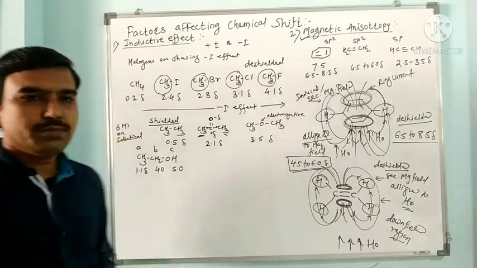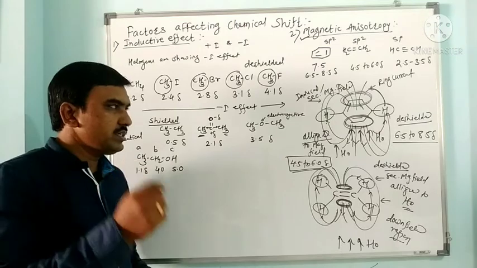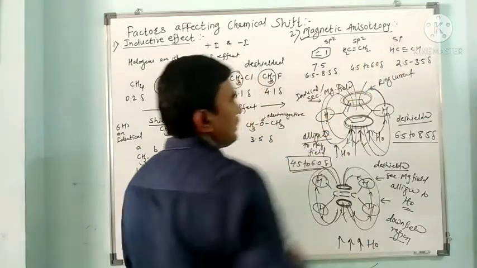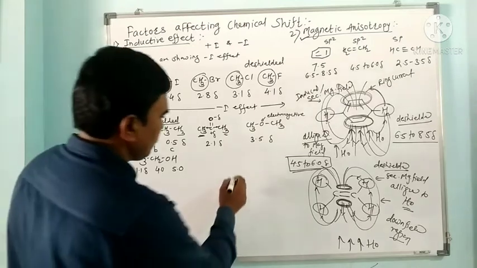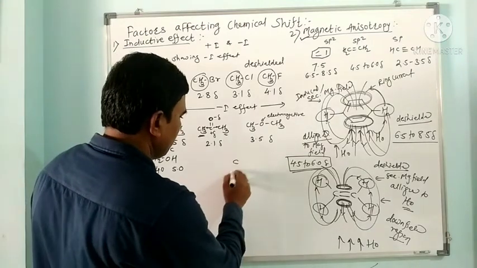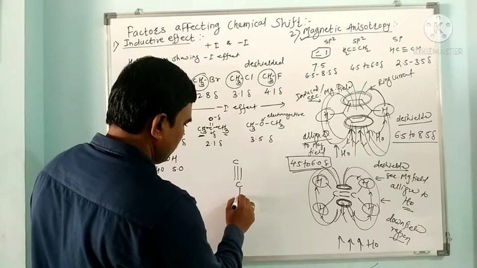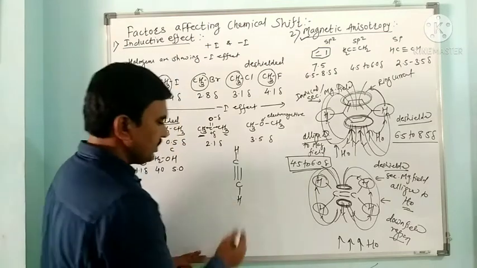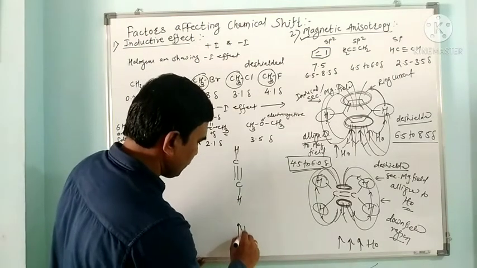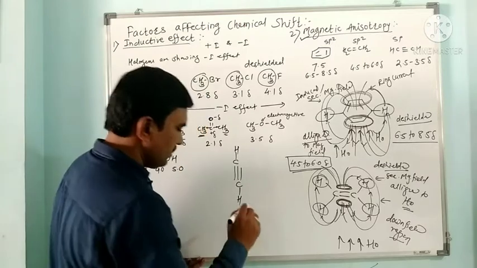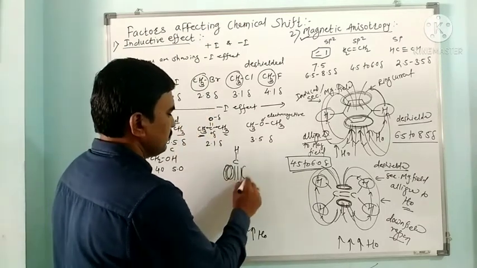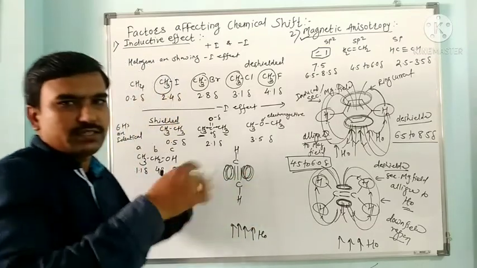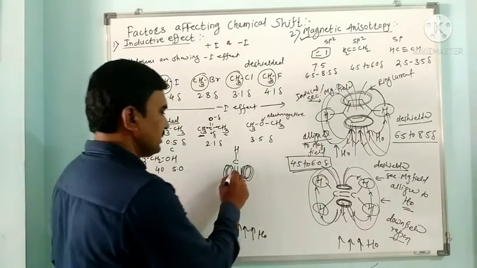Now if you see the example of the next compound, sp hybrid acetylene. When this acetylene is placed in the applied magnetic field, the field orients in this direction. Here this is the applied magnetic field.